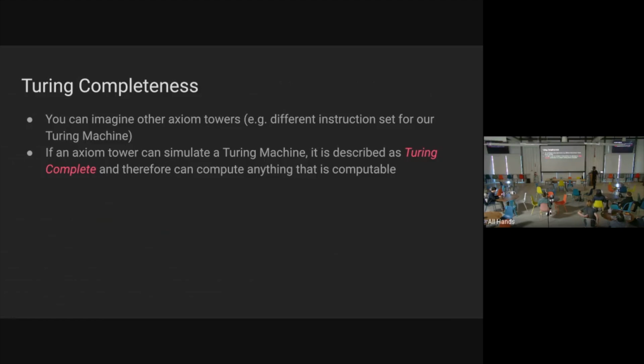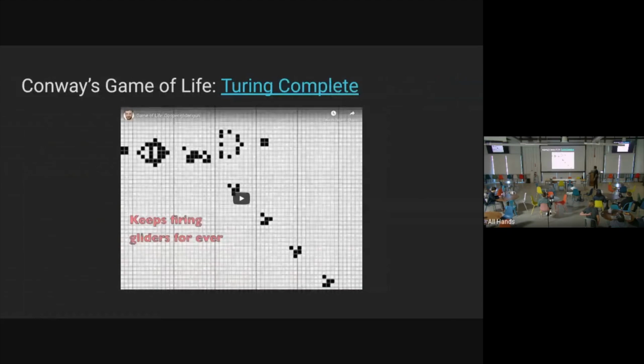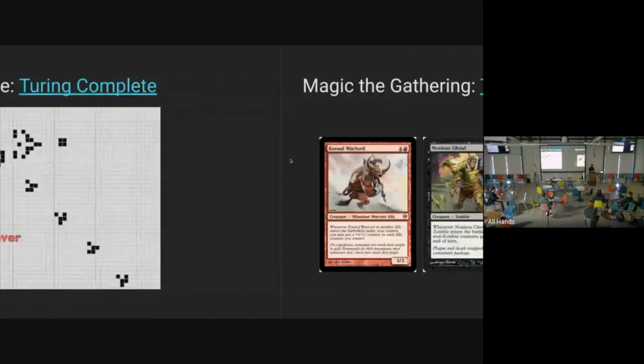This concept of Turing Completeness has now popped up. So it turns out that there are some interesting things that are Turing complete. If you have heard of Conway's Game of Life, it's basically a life simulator. It's very simple. You have a grid of squares, and each square corresponds to a living thing, and it's either alive or dead. And at every step in time, there are certain rules for whether in the next time step the cell is alive or dead.